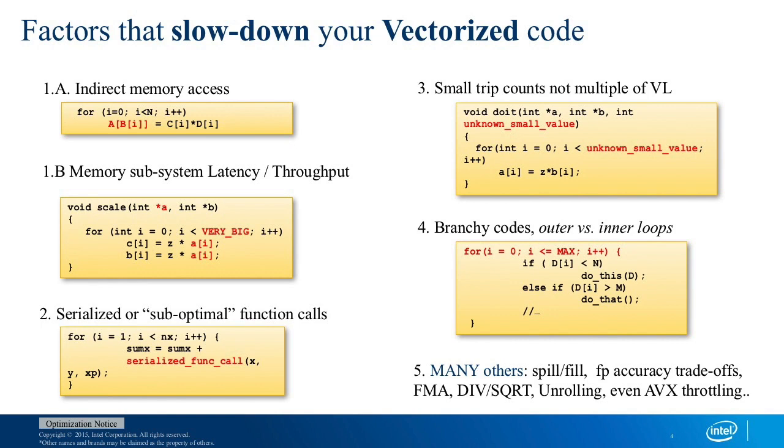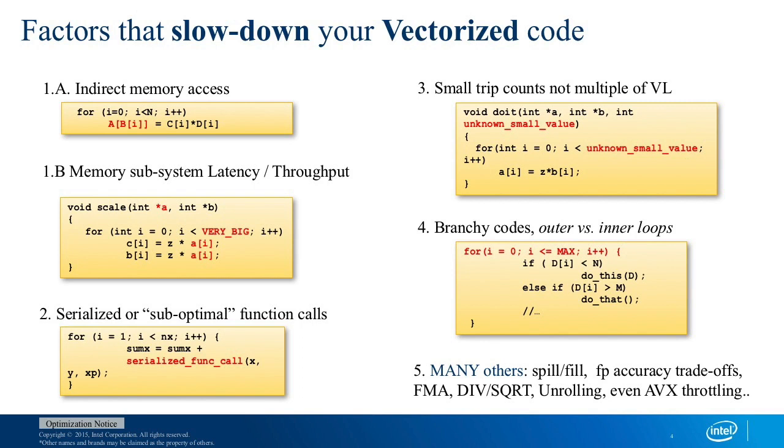You don't know what happens in the function, and the compiler doesn't either. And if it cannot inline, then these days it can try some intermediate kind of vectorization, but it will be very suboptimal if it does not know what really happens in this function call.